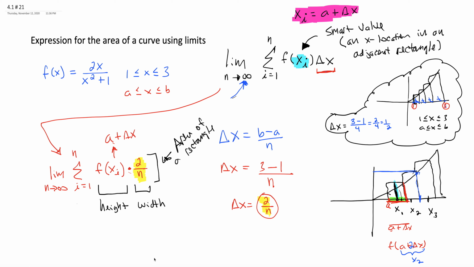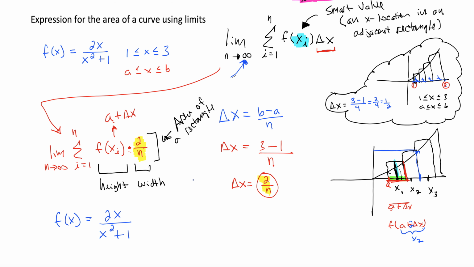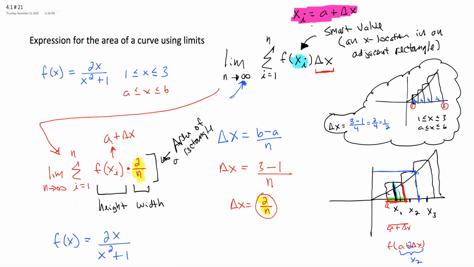And we also know our a, it's right here. So I'm going to rewrite that function. f of x equals 2x over x squared plus 1. Okay. Now, wait one second. Put this back where it was right there.